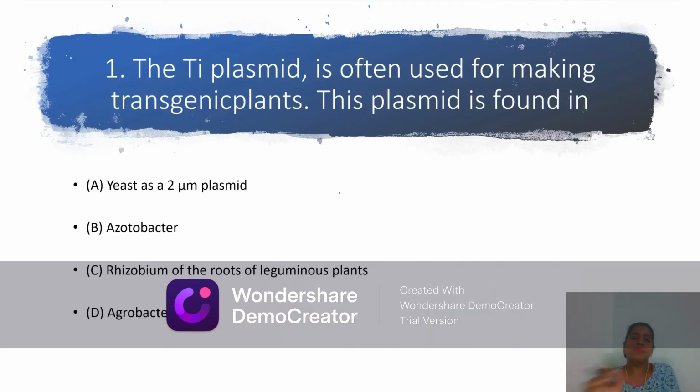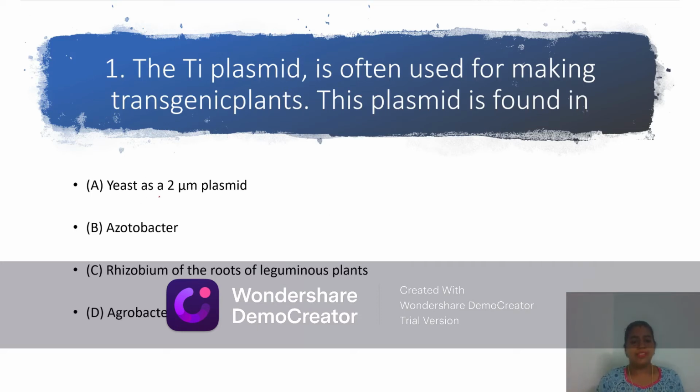Question number 1. The Ti plasmid is often used for making transgenic plants. Right? This plasmid is found in which organism? We know that the Ti plasmid is the vector to be used in plant cells.